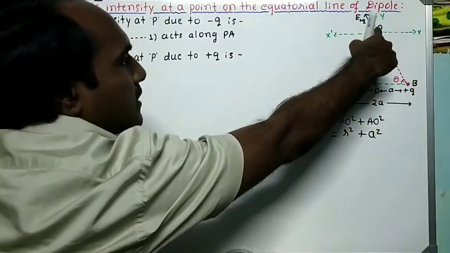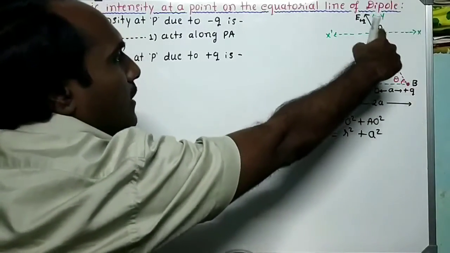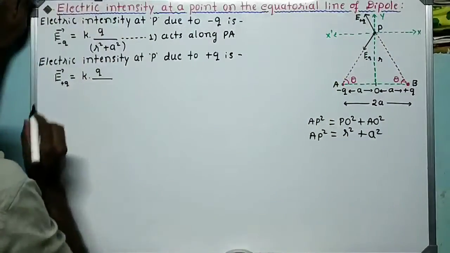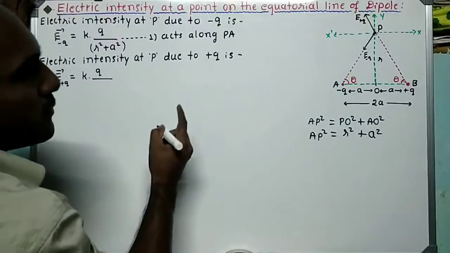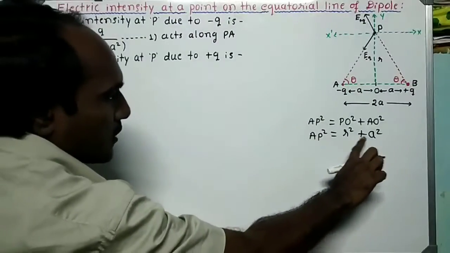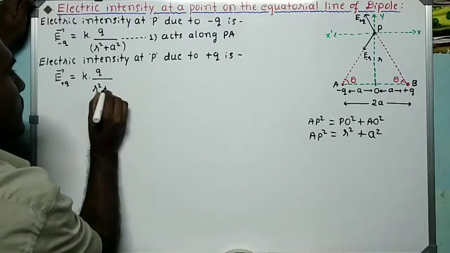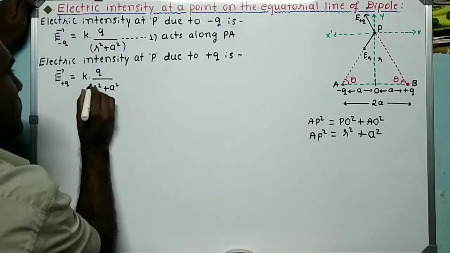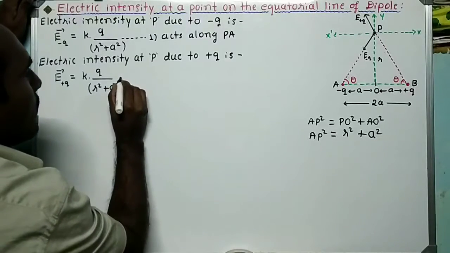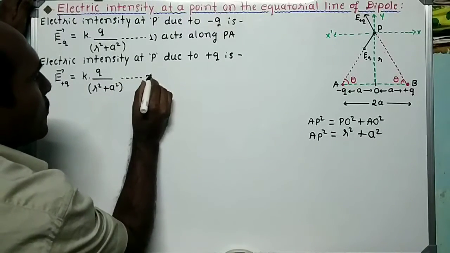BP is the distance between the plus Q and point P. Hence, BP square value is again R square plus A square. Call it equation 2.